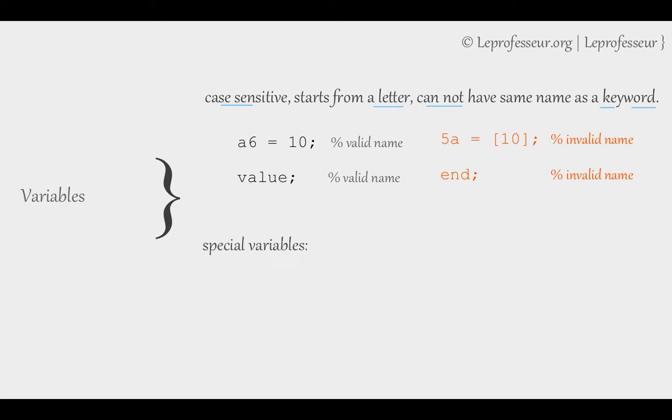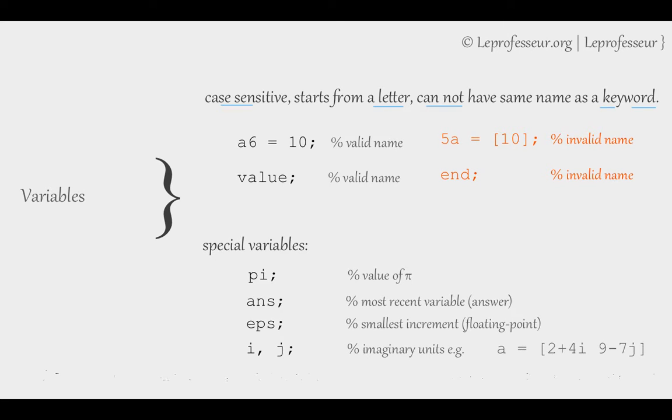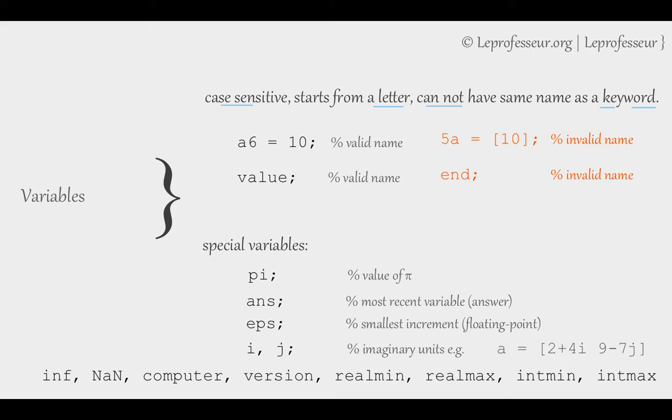And there are special variables in Matlab. Say pi, the value of pi; ans means answer, the last variable value; eps, the smallest increment in floating point terms that Matlab uses. i and j are for complex numbers.